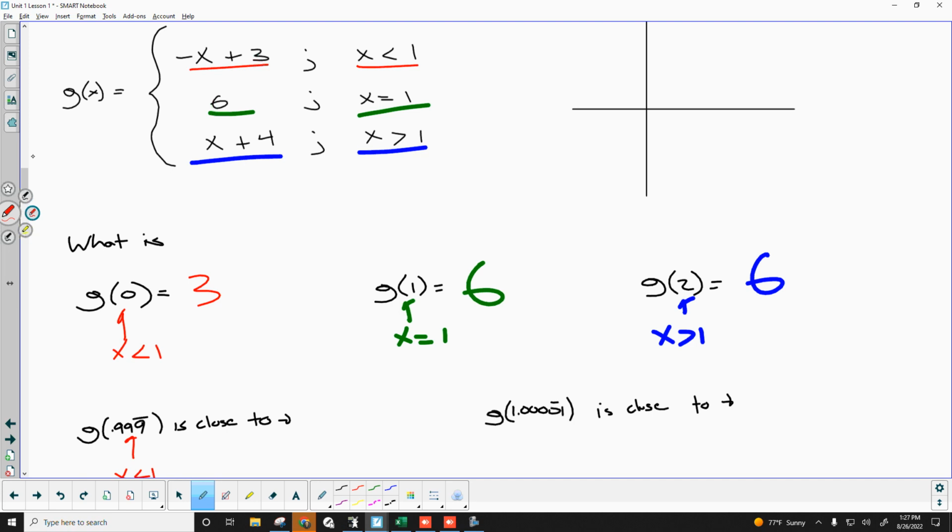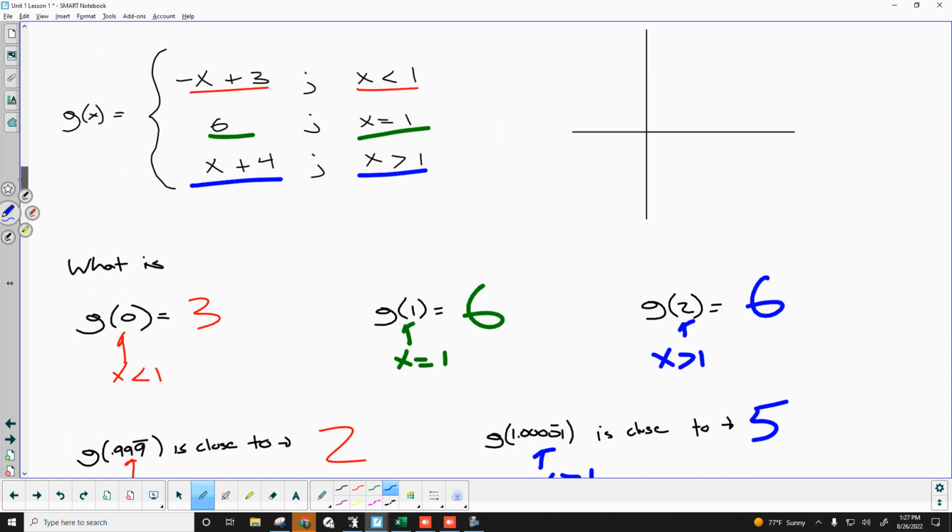So you plug in 1, you get negative 1 plus 3, you get 2, from the top piece. Now 1.0001 is bigger than 1, so I'm using the bottom piece. If you plug that into the bottom piece, you get a y value getting infinitely close to 5, 1 plus 4. Cool? Easy. All right, good.